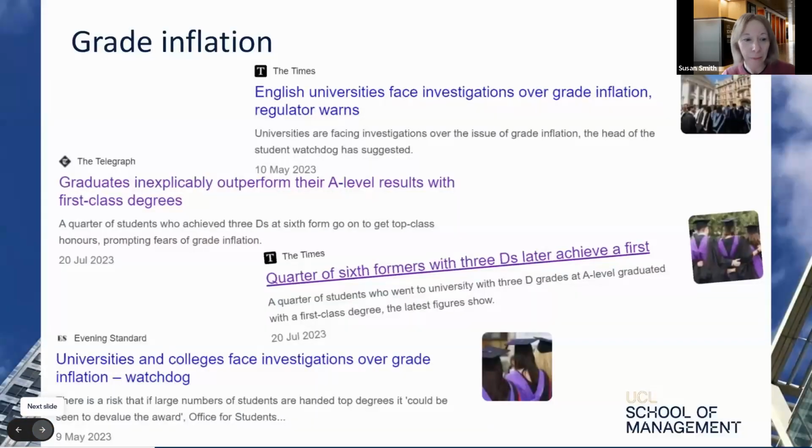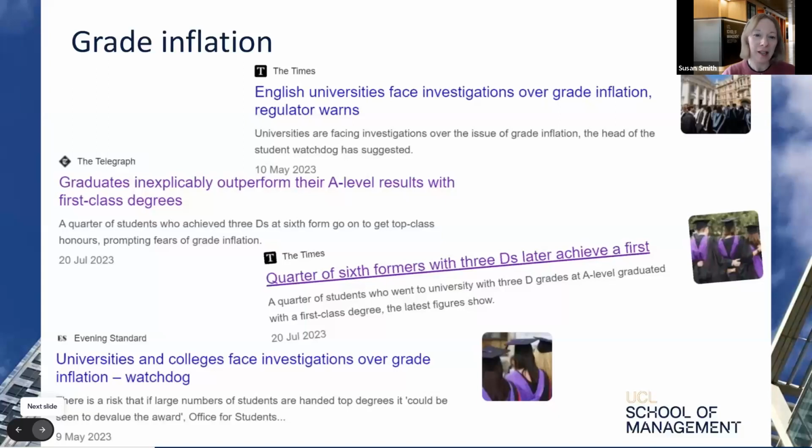So let's move on. I just Googled grade inflation and pasted down a number of different headlines that I've found. And you can see that in the eyes of the popular media, there is grade inflation.